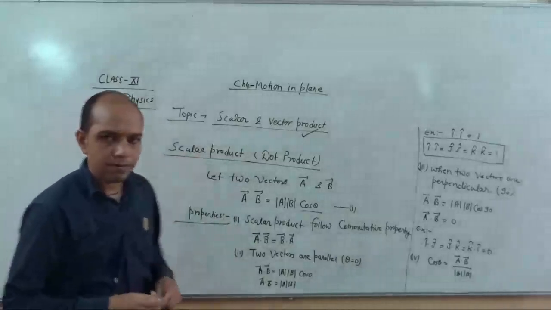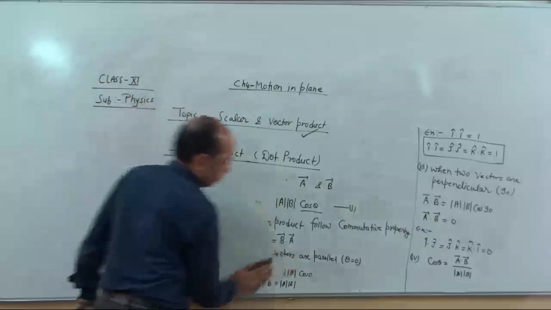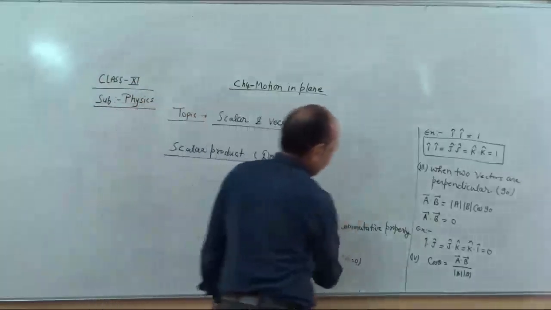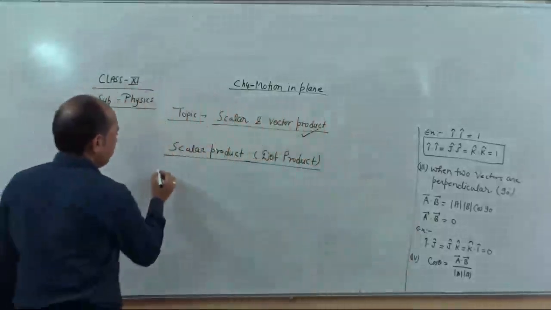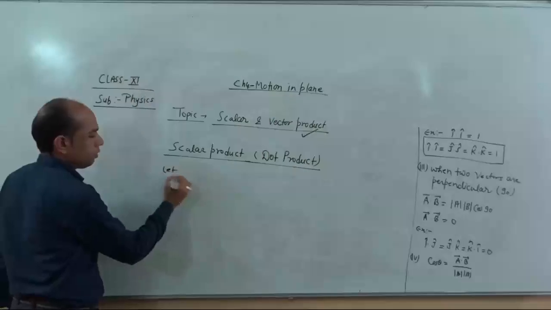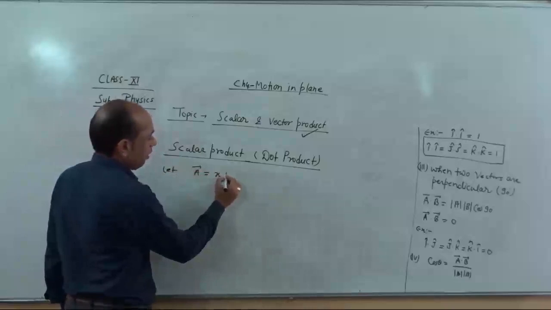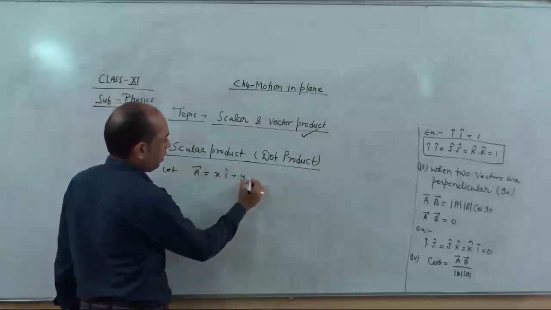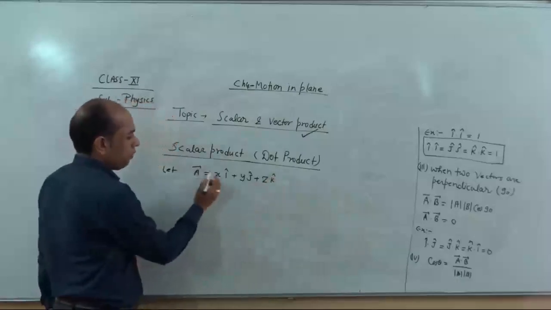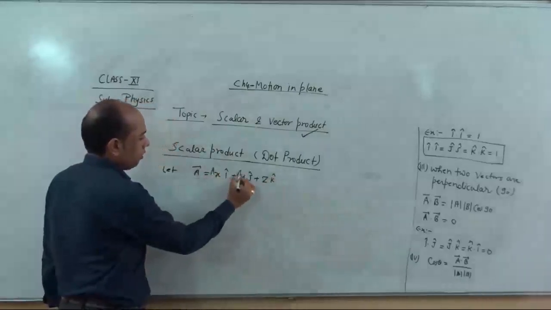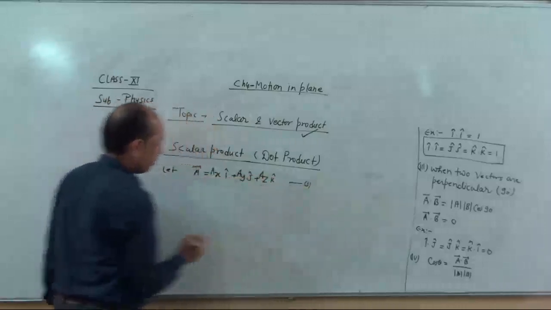Now I am taking one scalar product example. Let A vector be equal to, suppose, ax i plus ay j plus az k, because A has components ax, ay and az. Equation number 1.